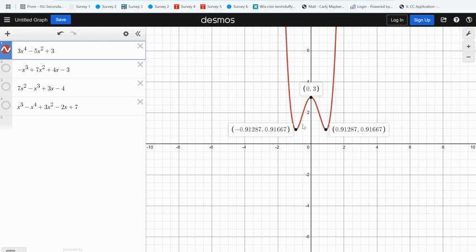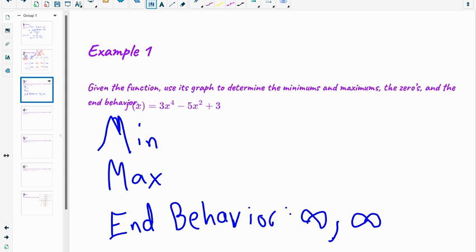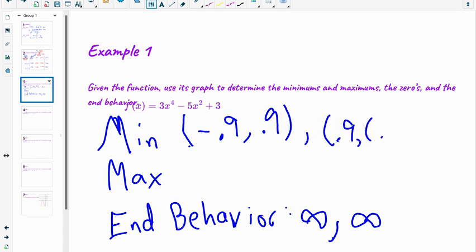The minimums are both at negative 0.9, 0.9, and at 0.9, 0.9. Let's go back. My minimums were at negative 0.9, comma 0.9, and 0.9, comma 0.9.